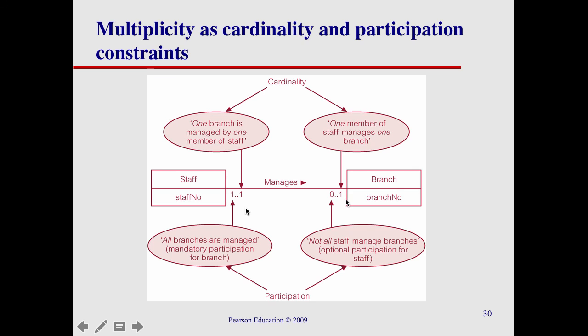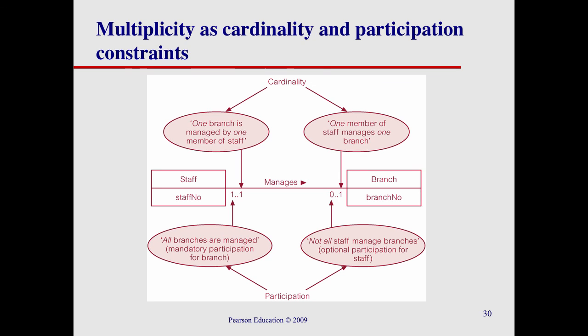So most staff members manage no branches. So that's the minimum number or participation rate. The maximum number of branches that a staff may manage is 1. In the opposite direction, a branch is always managed by 1 manager. So there's a minimum of 1 and a maximum of 1. So that is the multiplicity rates for this relationship.